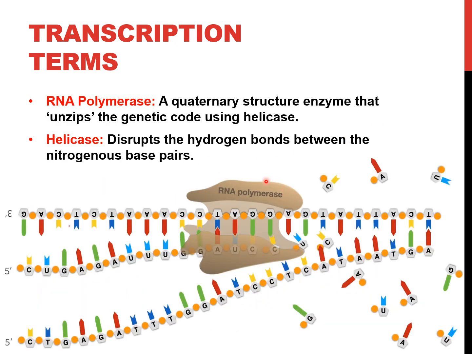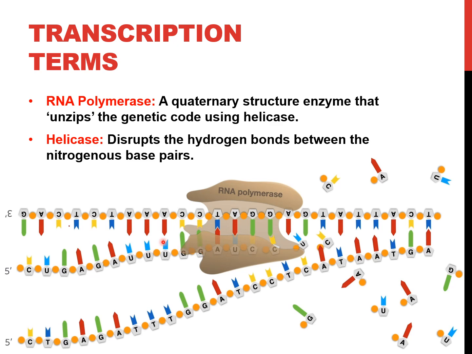All right, we also have this enzyme here, RNA polymerase, and as you can see, a quaternary structure enzyme, so that means it's got multiple polypeptides together. So it could be 4, it could be 2, it could be 3. And that runs through it and unzips your DNA, okay?